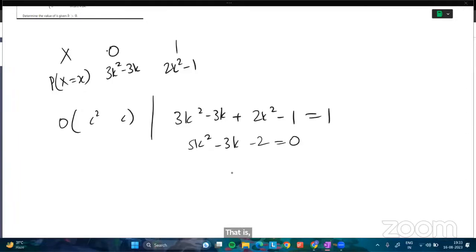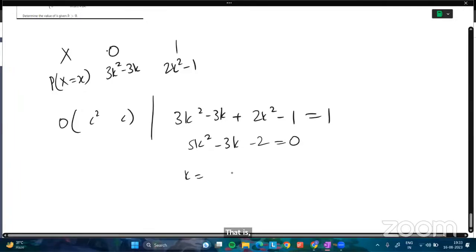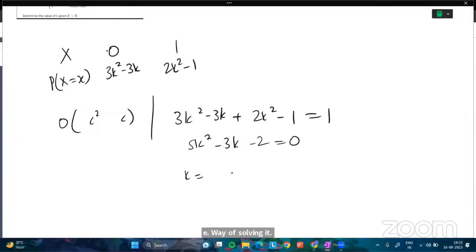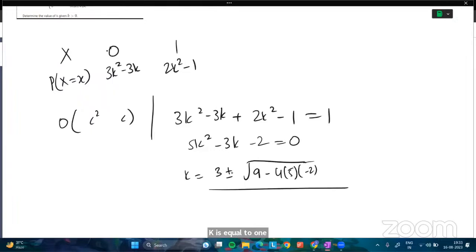We'll have to use the quadratic formula to solve it. So k will be equal to minus b plus or minus square root of b square minus 4ac over 2a. Yeah, this will give you the right answer.